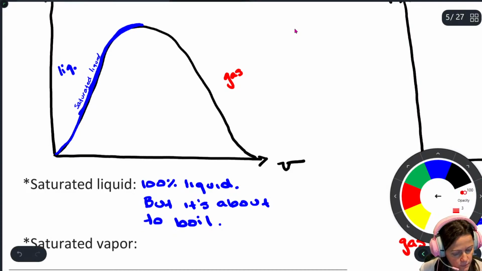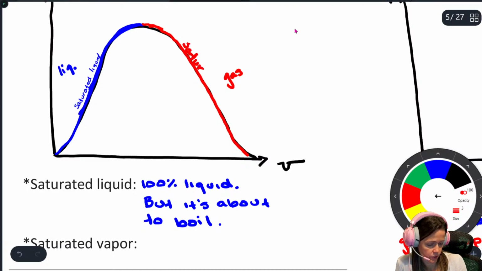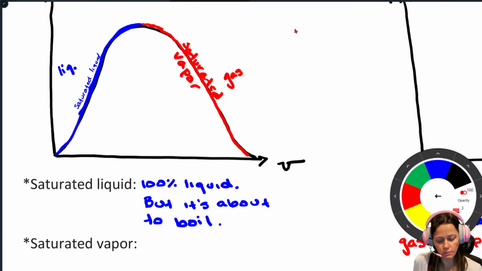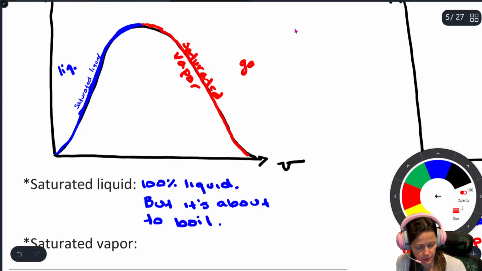All right. If it's right on this line right here, shocking, we're going to call it a saturated vapor. So not a superheated vapor, a saturated vapor. I'll put that a gas is a superheated vapor.